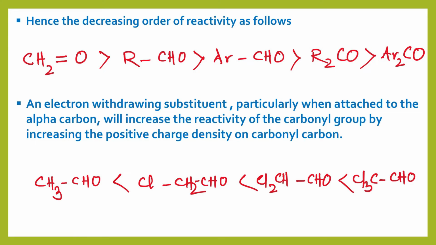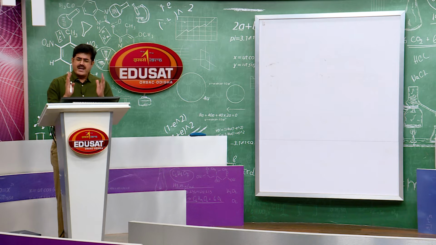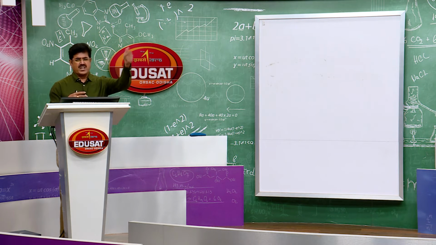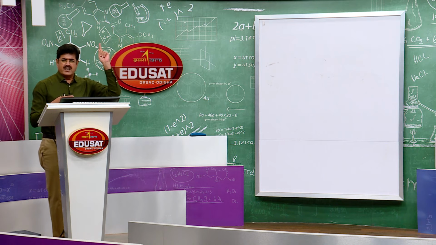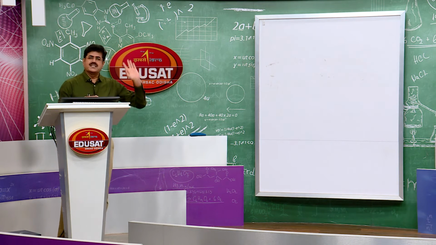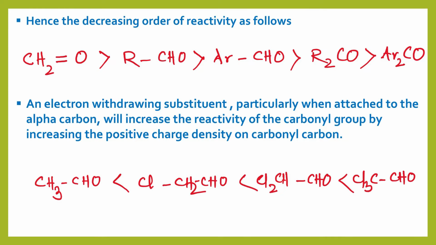Now, the second point: an electron withdrawing substituent, particularly when added to the alpha carbon. What do you mean by alpha carbon? Carbon attached to the functional group. When electron withdrawing substituents are present on the alpha carbon of aldehydes and ketones, the reactivity towards nucleophile increases. It is also displayed on your TV screen.